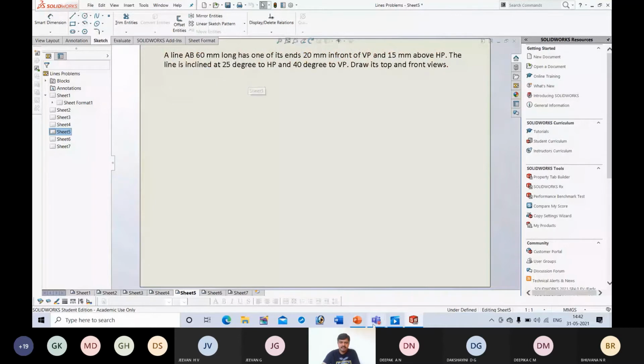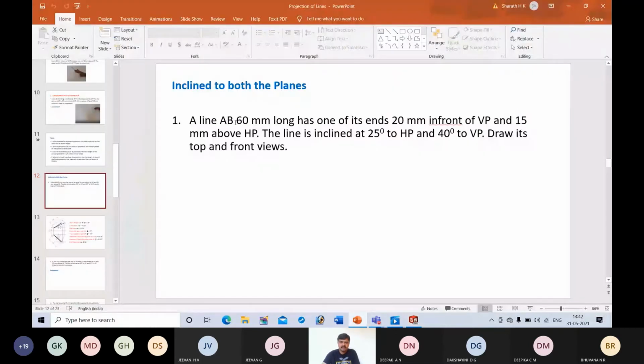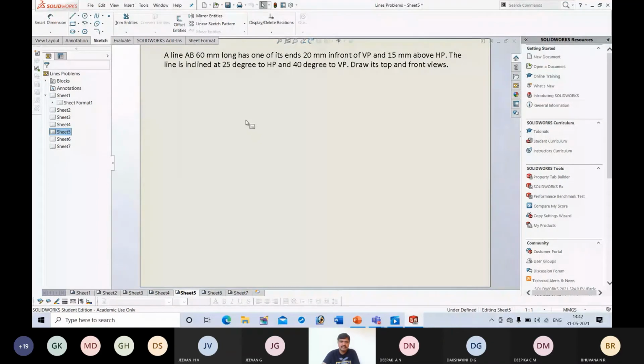I'll consider the same problem. A line AB 60 mm long has one of its ends 20 mm in front of VP and 50 mm above HP. The line is inclined at 25 degree to HP and 40 degree to VP. Draw its top and front views.